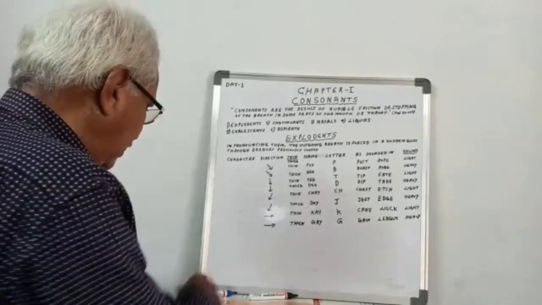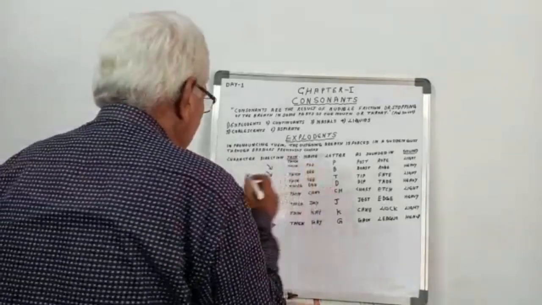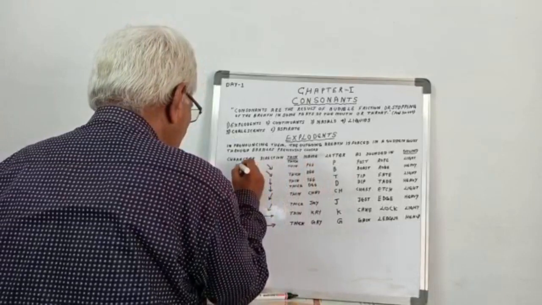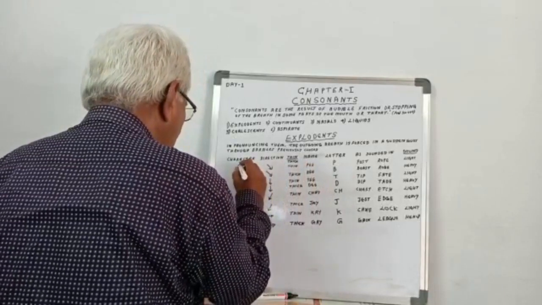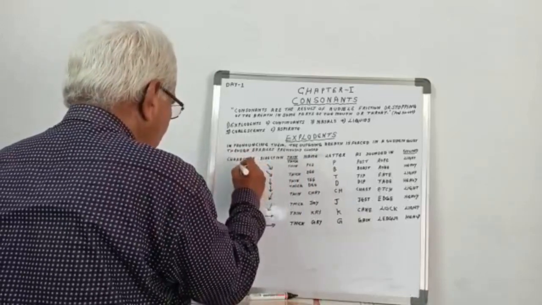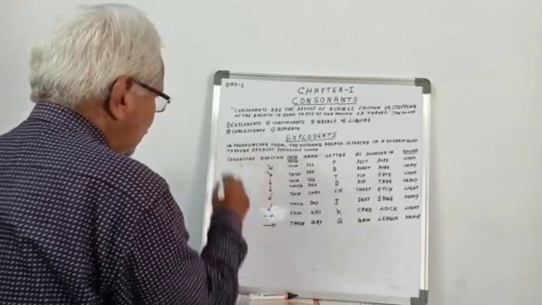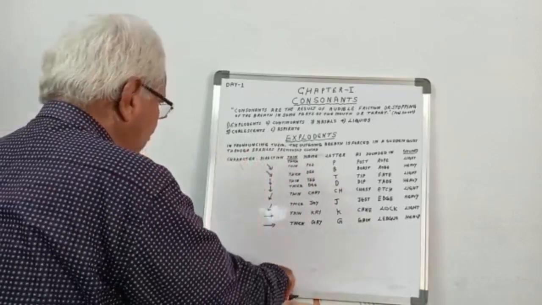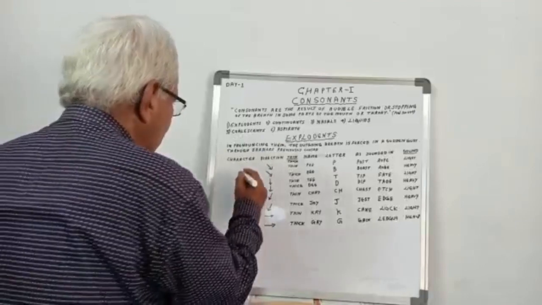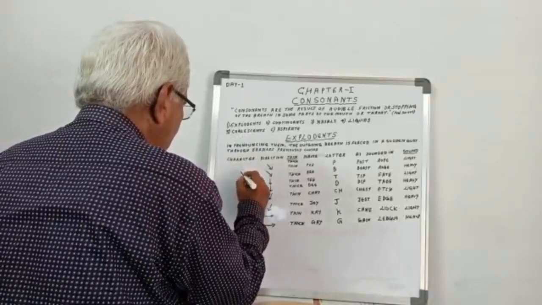First one is P. This is a light stroke, like this. P, light stroke, this one, P directions. Next, B. Heavy stroke.